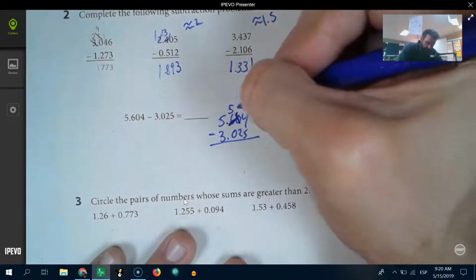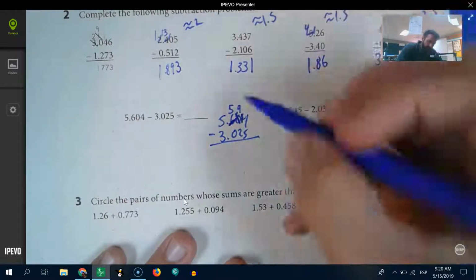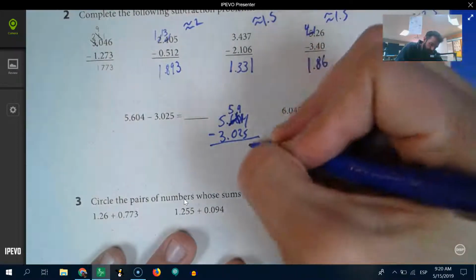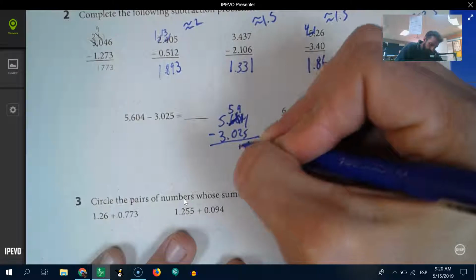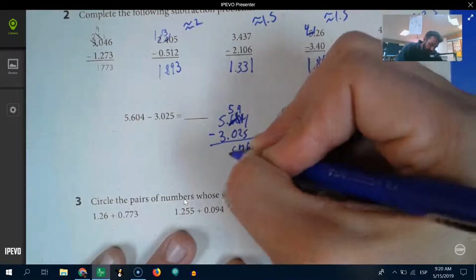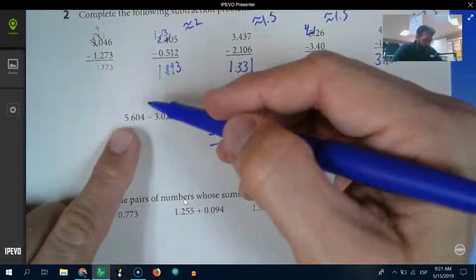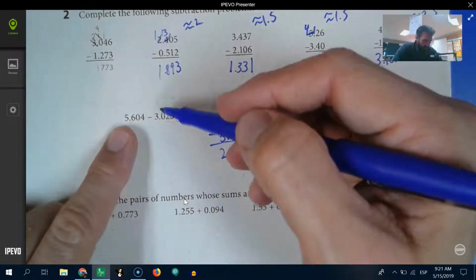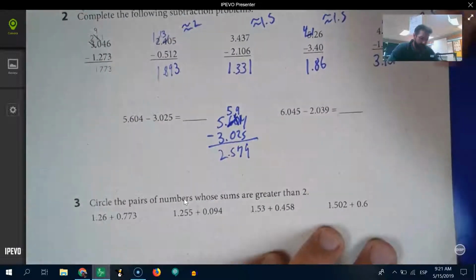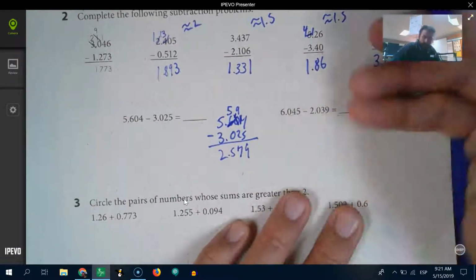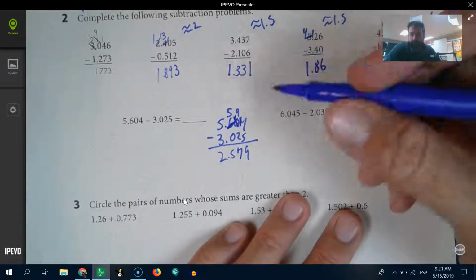Then we got to borrow from this, so that changes to 9, and this gives us the 14. So 14 minus 5 is 9. 9 minus 2 is 7. 5 minus 0 is 5. Drop that decimal point down. 5 minus 3 is 2. Oh, I forgot to make my estimate: 5.6 minus 3, so about 2.6. Yep. Alright, so yeah, if you forget to do your estimate, just remember at the end.